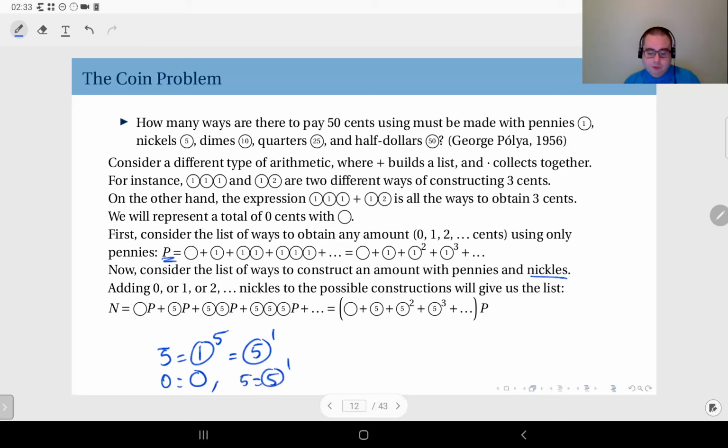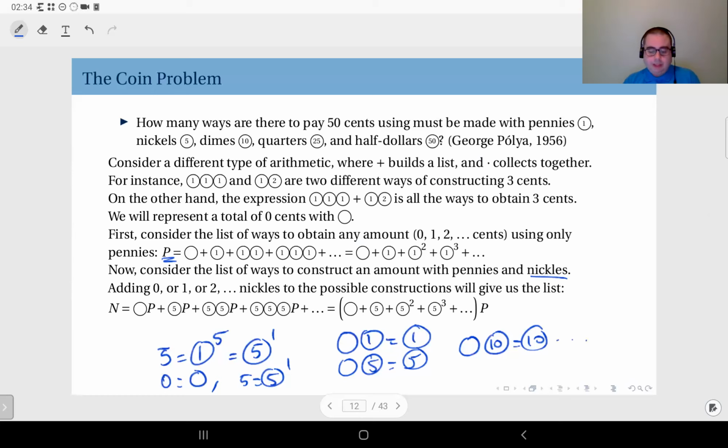Okay, so here, we didn't really rigorously define it, but this is the identity, so you multiply it with any denomination, you get that denomination by itself, like so, and so on.